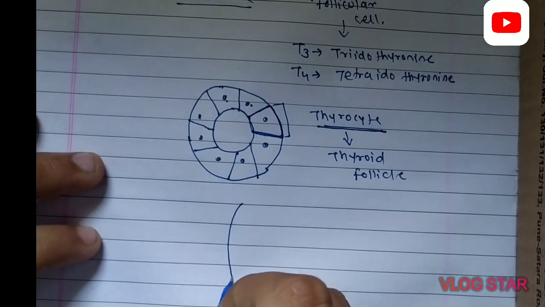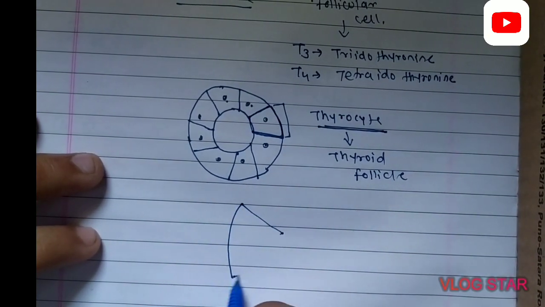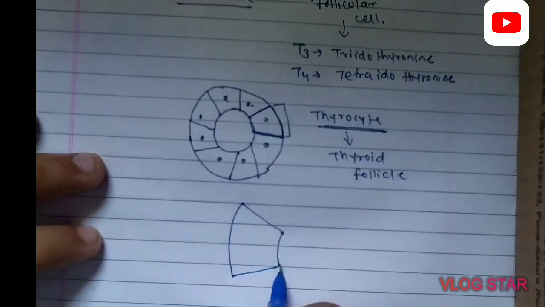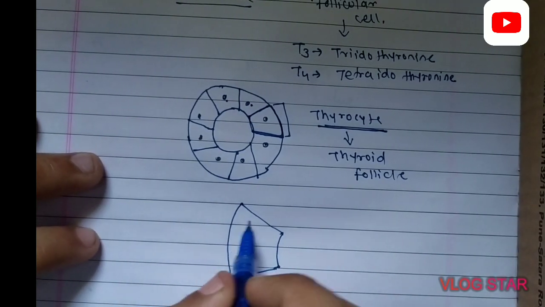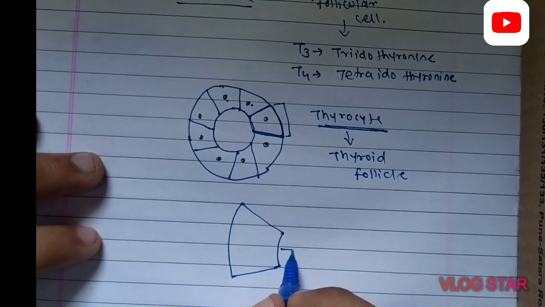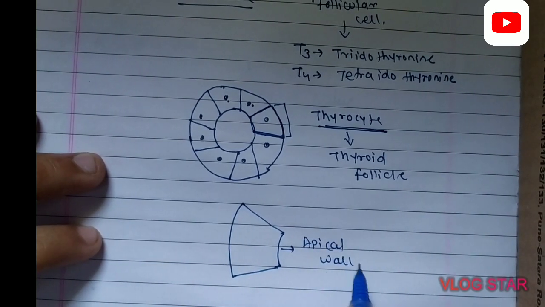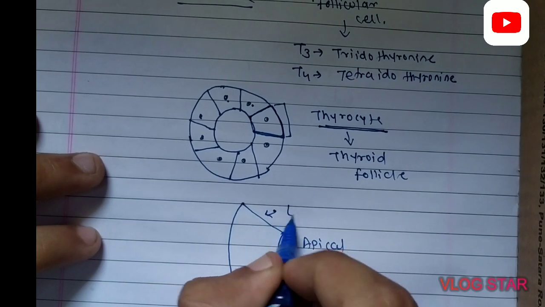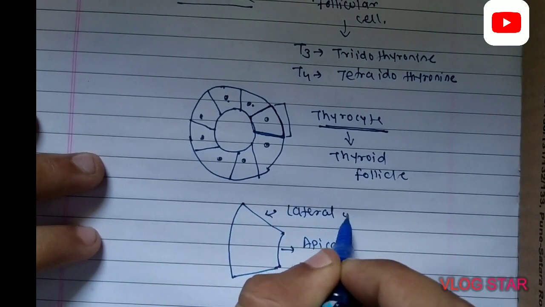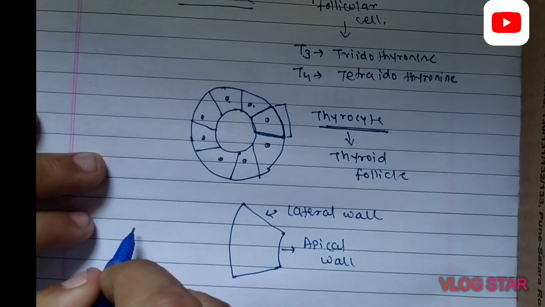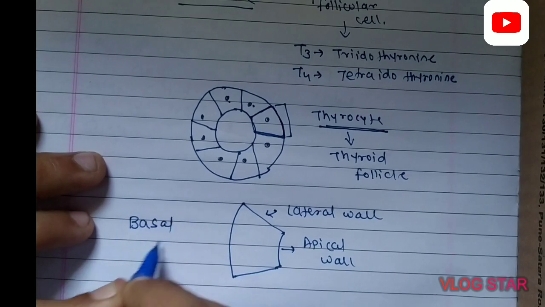Let us zoom in on the thyrocyte. This thyrocyte consists of three walls. This is the apical wall, this is the lateral wall, and this is the basal wall.